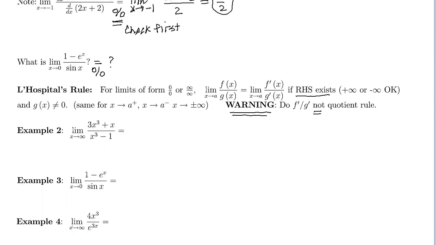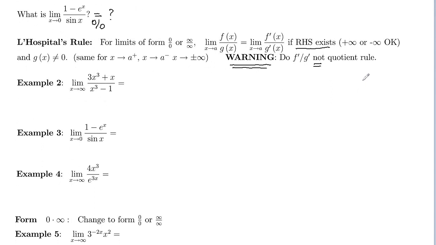So let's put this to work here. Compute a few limits. The limit as x approaches infinity of 3x cubed plus x over x cubed minus 1. As x approaches infinity, x cubed approaches infinity, and so does x, so the top is going to infinity. And then the bottom, this x cubed approaches infinity, subtract 1, that's still going to infinity.